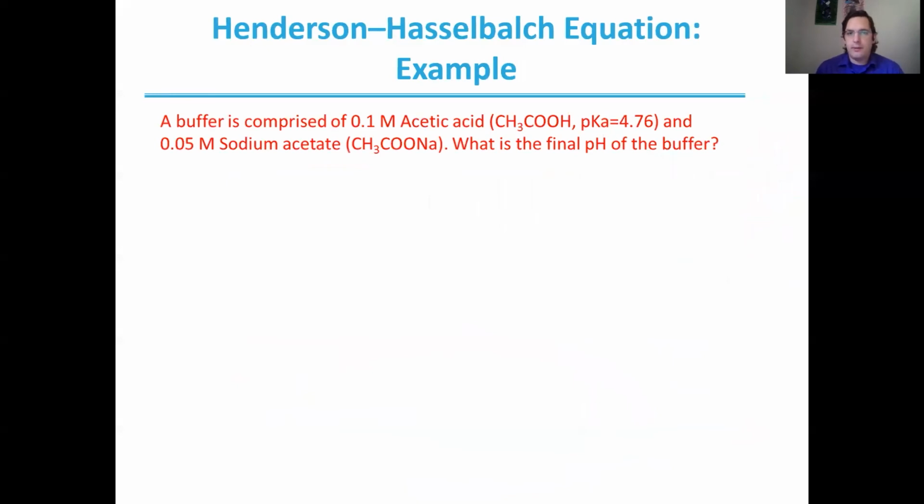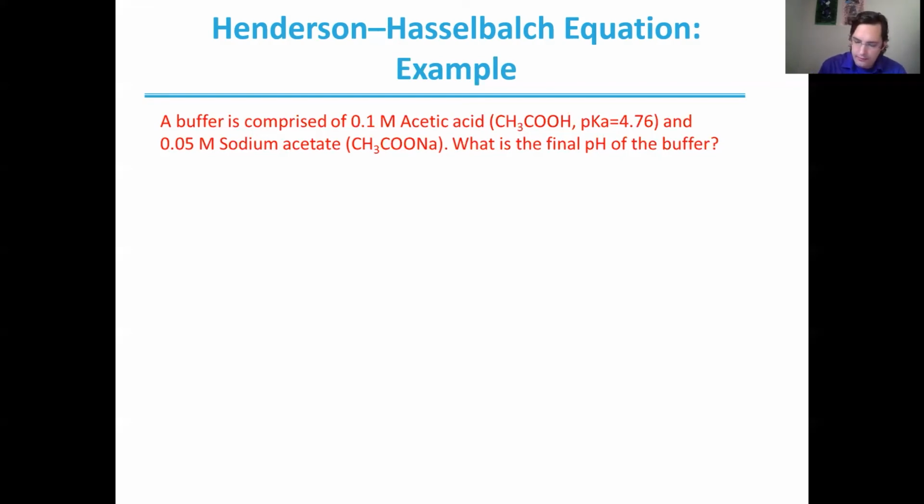So here's what an example might look like. We have a buffer that has 0.1 molar acetic acid and 0.05 molar of sodium acetate, which of course is our conjugate base. We want to calculate what the final pH is of our buffer. So this is a relatively straightforward application.